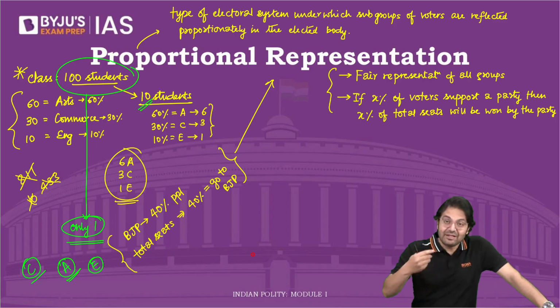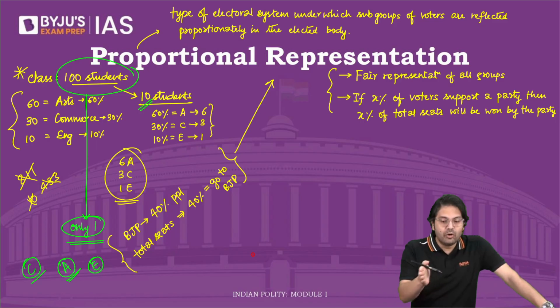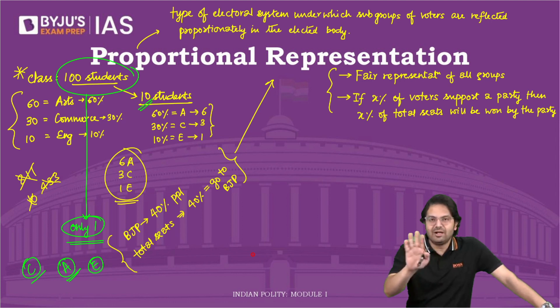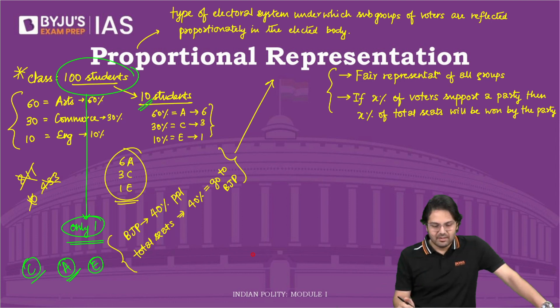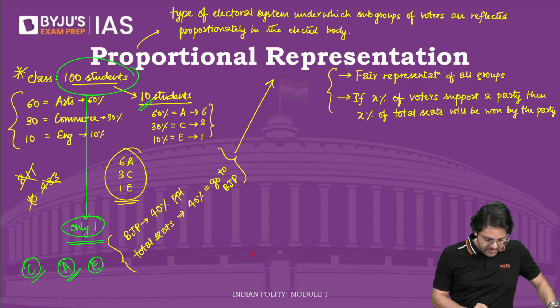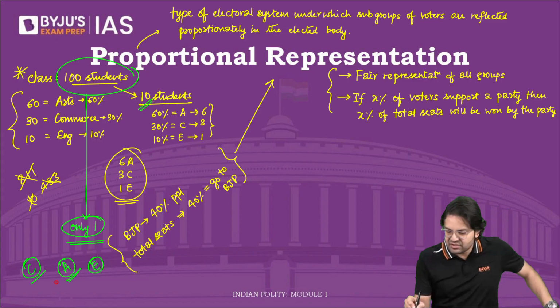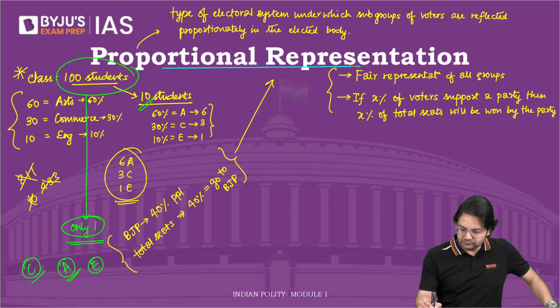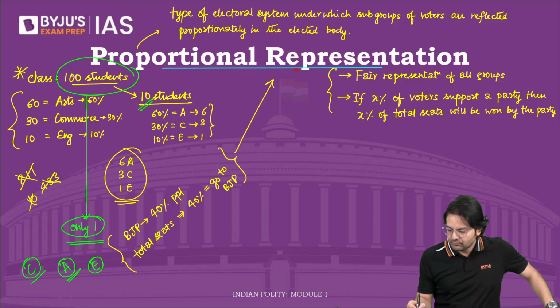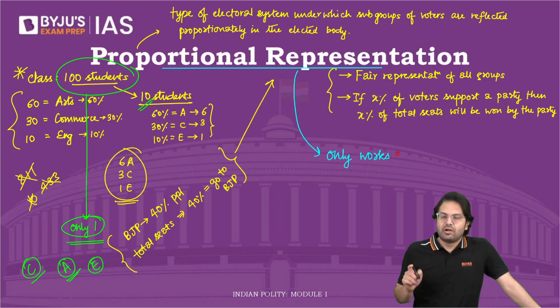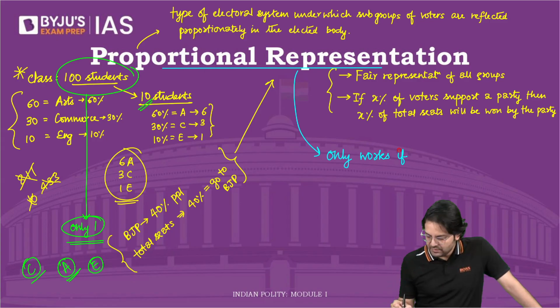Even though we are saying that we follow proportional representation, it is not happening in reality, right? Because proportional representation is only applicable in case there is more than one seat.